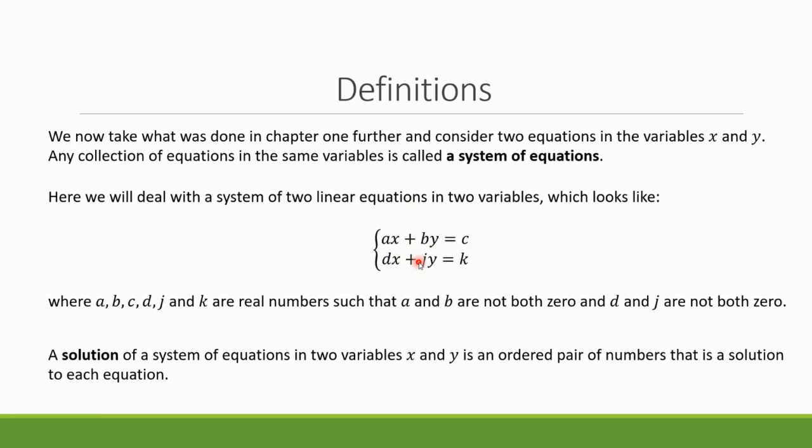Same thing with D and J. If A and B are both 0, you really only have one equation then. They were back in section 1.1. Same thing with D and J. You want D and J to be non-zero. At least one of them has to be non-zero.